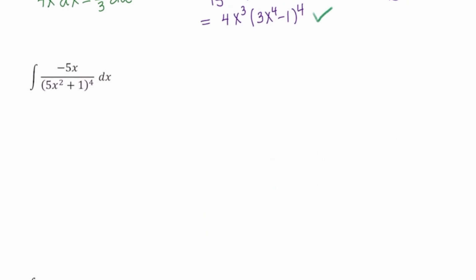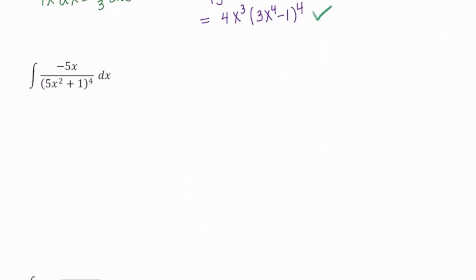And here we have also a power function, except now we have a negative power. That's all right. Okay, so I'm inspecting my integrand and notice that I have 5x squared plus 1 raised to the fourth power in the denominator, or you can think about it as raised to the negative fourth degree.